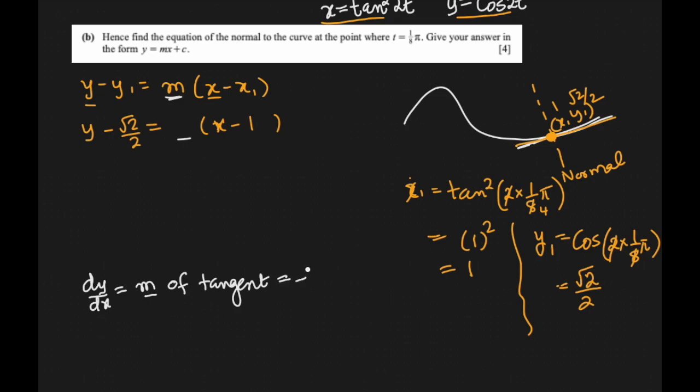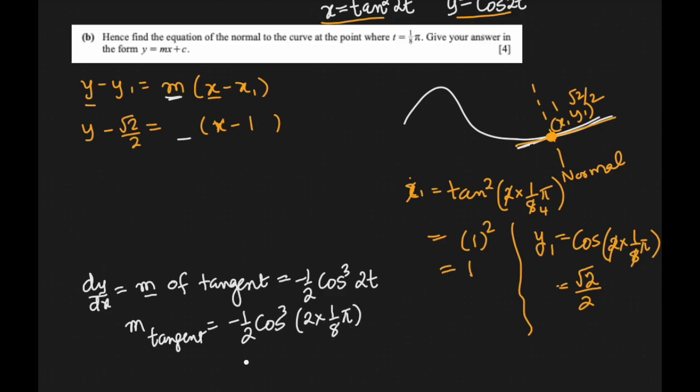Okay, so we'll substitute 1 over 8 pi here also. So m tangent equal to minus 1 over 2 cos cube 2 times 1 over 8 pi.